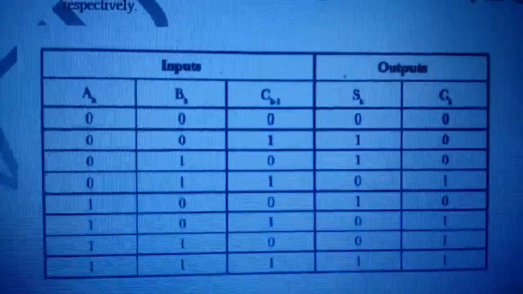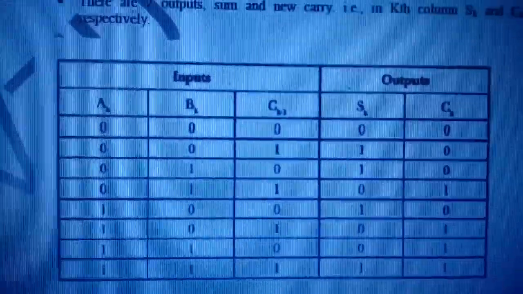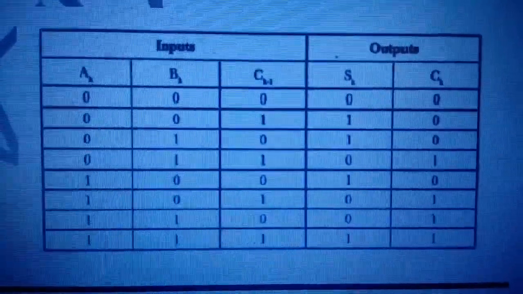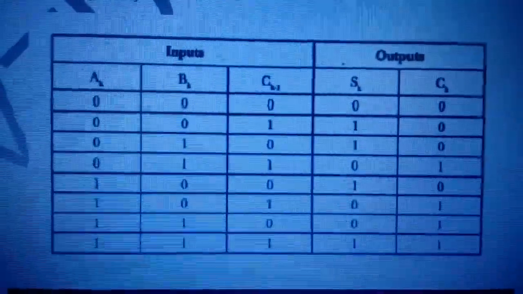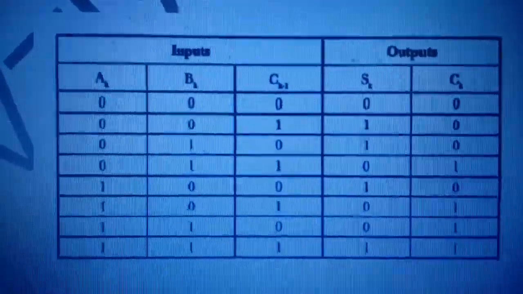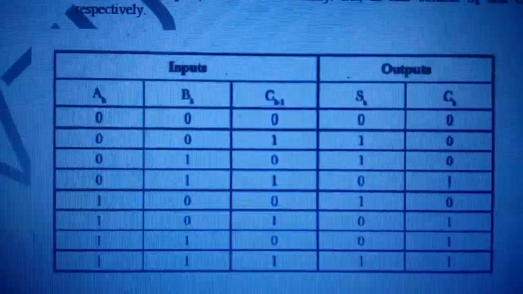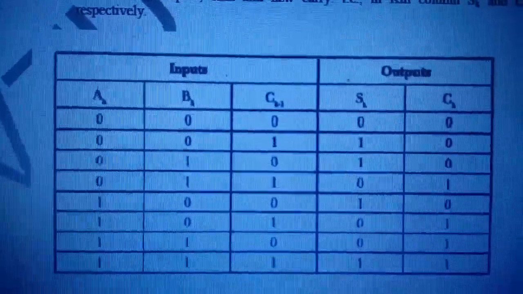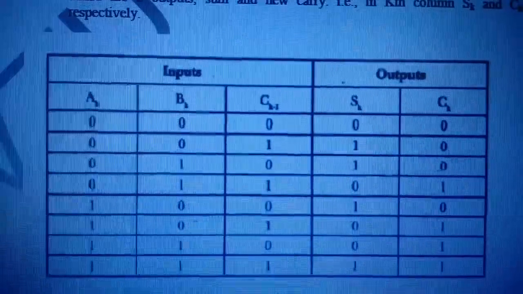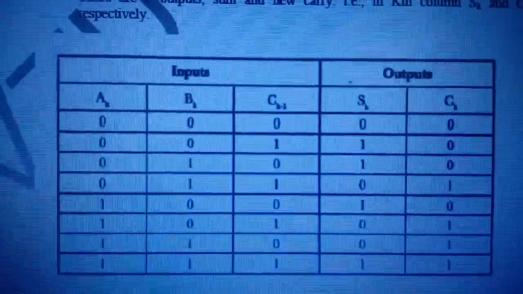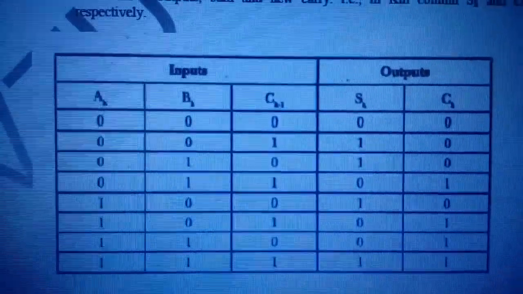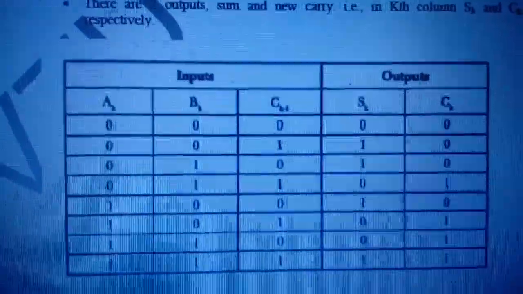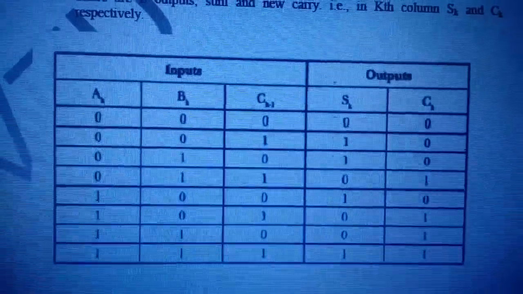Next you can see if only one of the inputs is 1, sum will be 1. Carry will be 1 and sum will be 0 when two inputs are 1s and one input is 0. And only in the last row, when all 3 inputs are 1, the sum and the carry will both be 1.